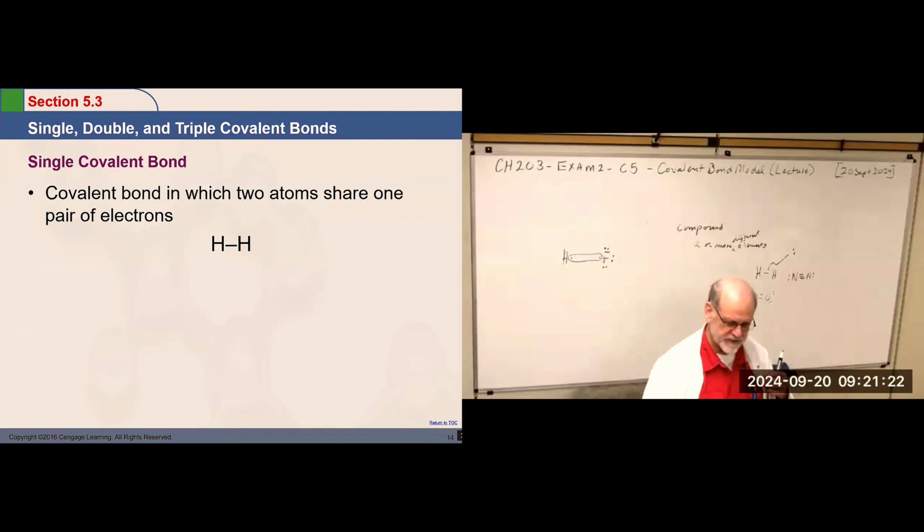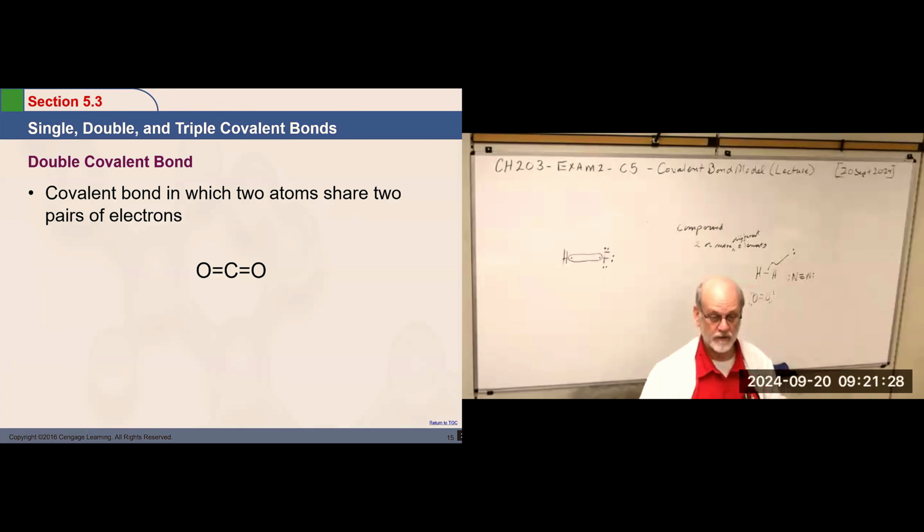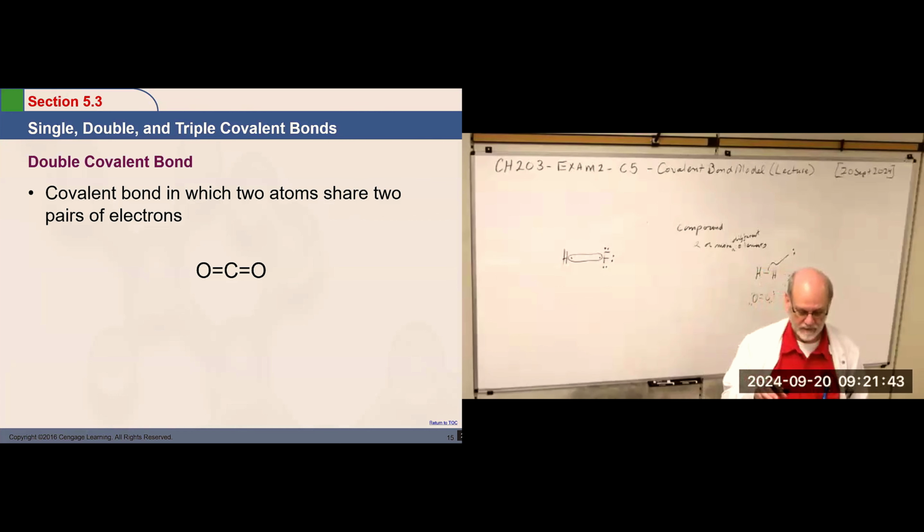So as I said before, this is a single covalent bond between two hydrogen atoms, and it involves 2 electrons. Carbon dioxide has 2 double bonds, one for each carbon-oxygen bonding. So the number of bonding electrons in this molecule is 2, 4, 6, 8.